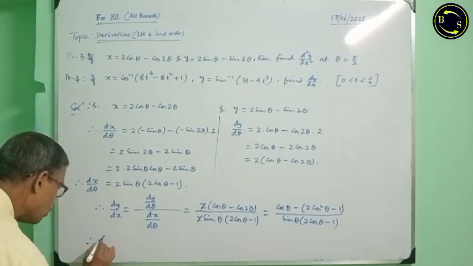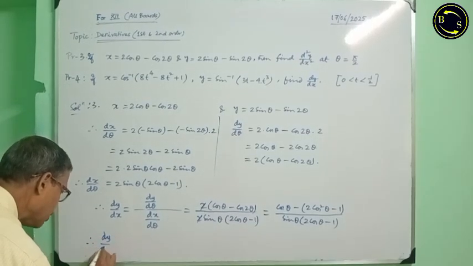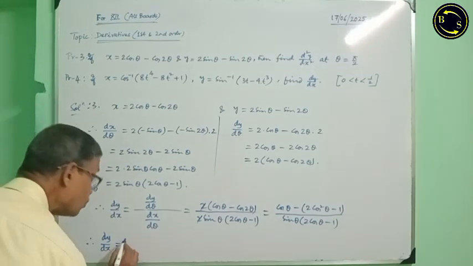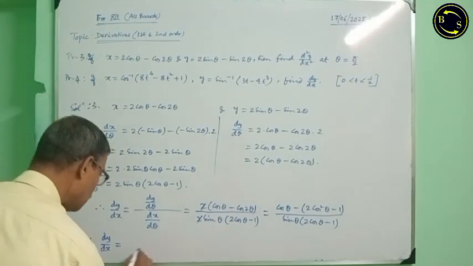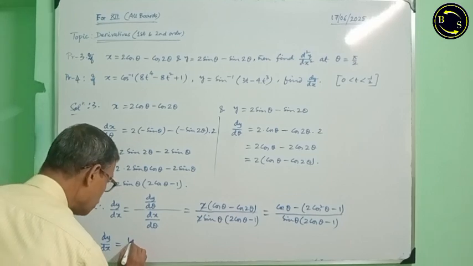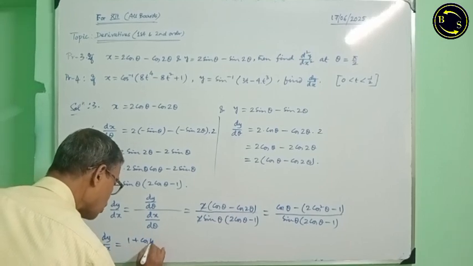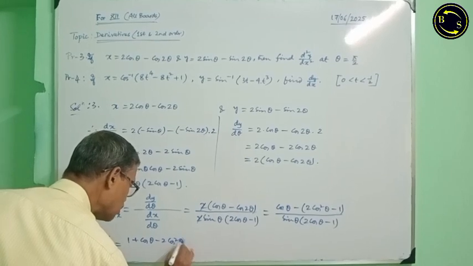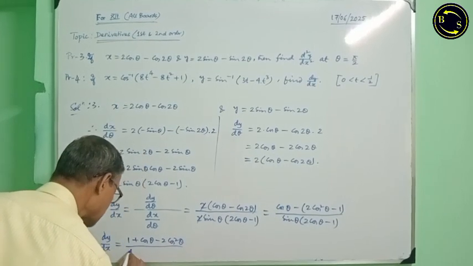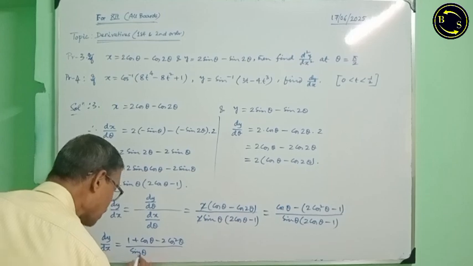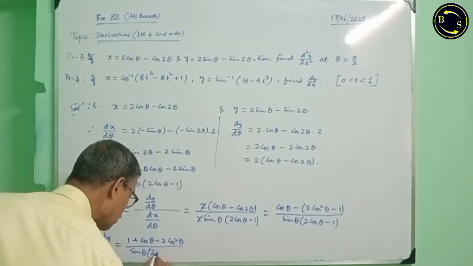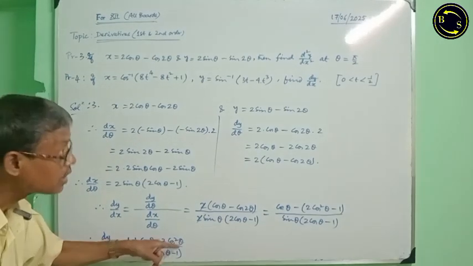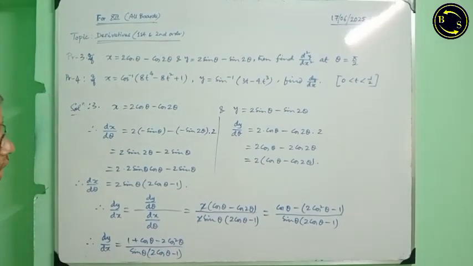Therefore, dy dx is equal to 1 plus cos theta minus 2 cos square theta by sin theta into 2 cos theta minus 1. Now this expression can be resolved into factors.